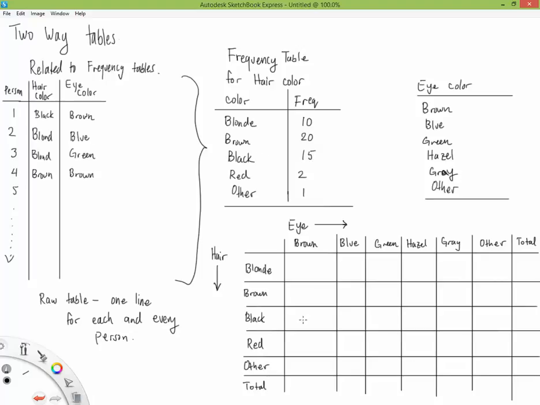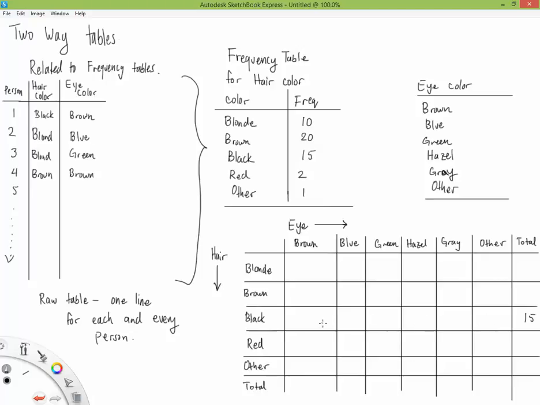So 15 people total with black hair, and how many of these people have brown eyes? How many have blue, green, hazel, gray, and other?